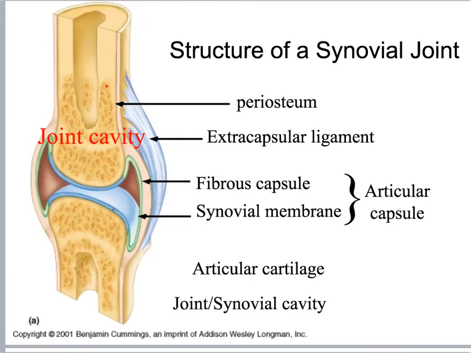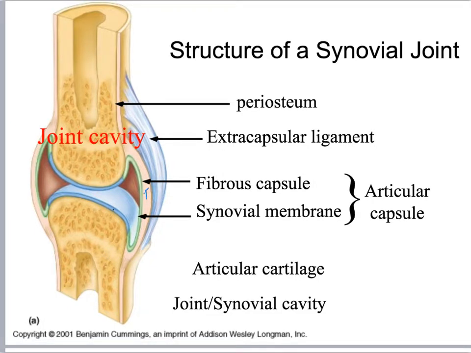This is the epiphysis, that would be the diaphysis. So you'll remember from when we studied the structure earlier, you have periosteum, which is a fibrous CT coating the outside of the bone. And I want you to notice it's thin right here, and then we're going to come down to here. Notice it suddenly starts to get thicker, all right? That is forming the fibrous capsule of your articular capsule.